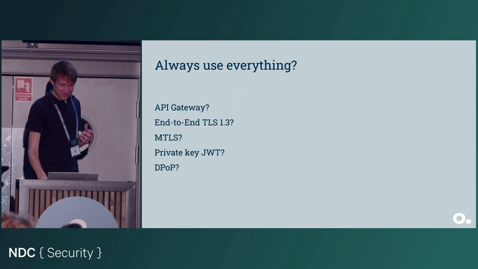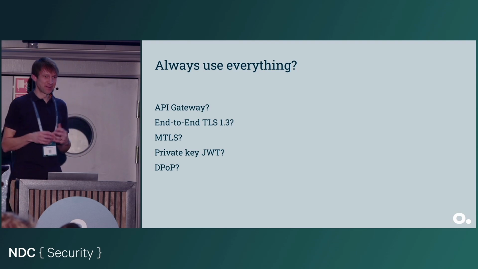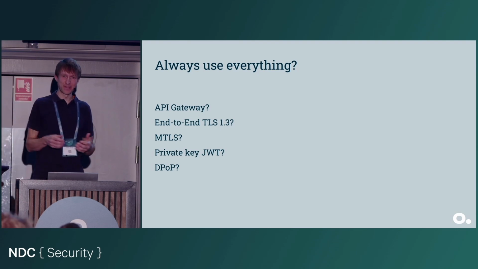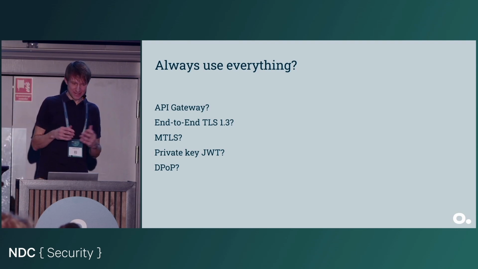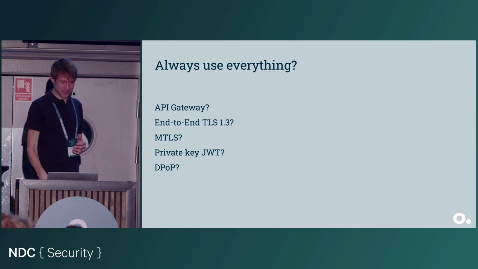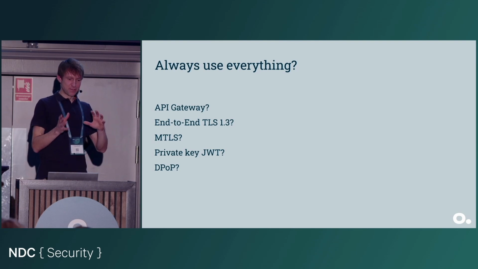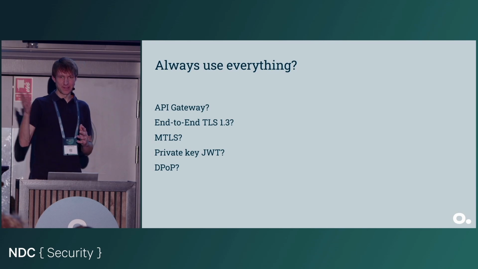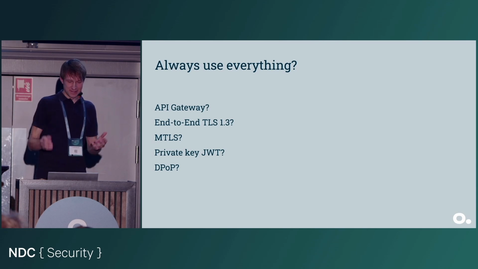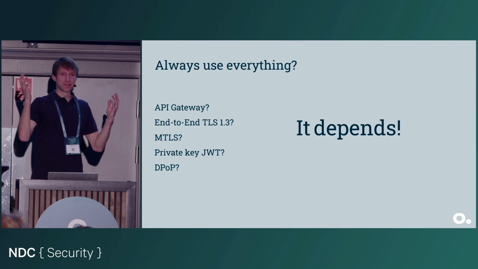You might start to think, oh, should we always use everything all the time for every integration that we have? There's a lot of stuff, and it's different. Some are banking, and some are just some retail. Should we have everything? Of course, it depends.